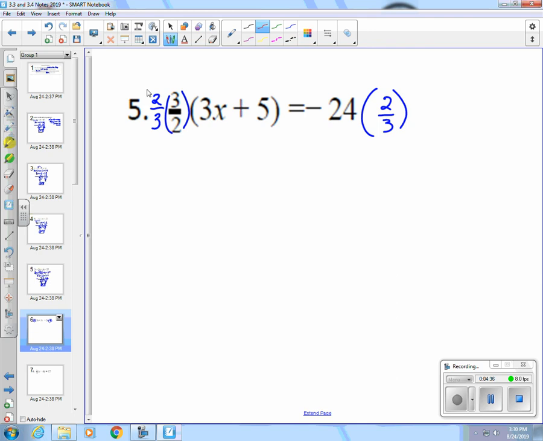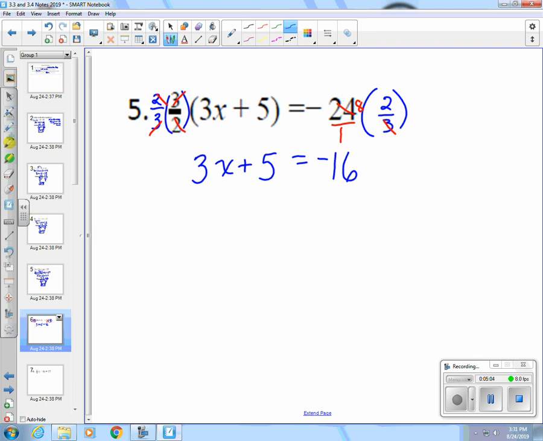That way, these will cancel out, and we're left with 3x plus 5 on the left side, and on the right-hand side, we can think of this as 24 over 1. 3 cancels into 24 8 times, and we'll have 8 times 2 is 16. We have a negative in front of that 24, so that means it'll be a negative 16, because that's a negative times a positive.